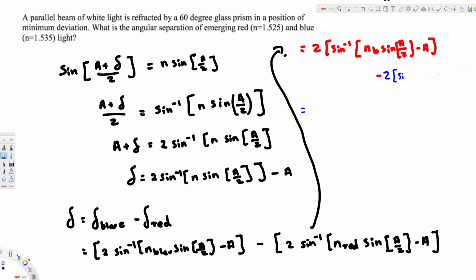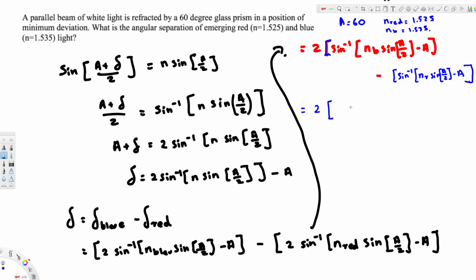I took the 2 common, so we don't have to write this 2 inside. Now we know the apex angle is 60 degrees, A is equal to 60, n red is equal to 1.525, and n blue is equal to 1.535, and that's all we need. Let's go ahead and plug it in.